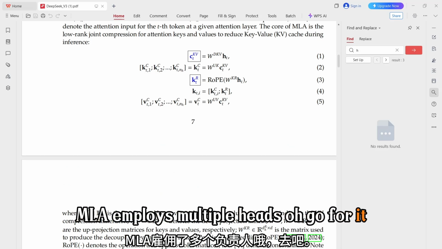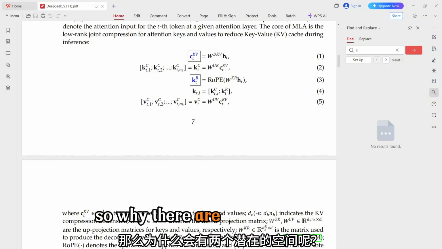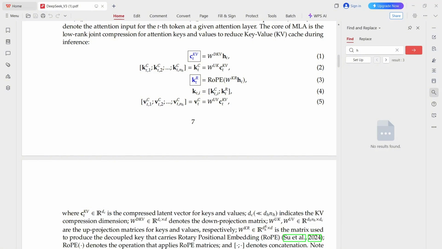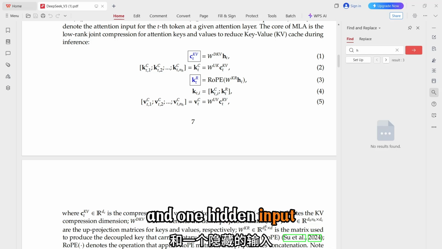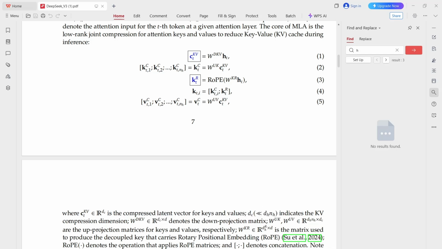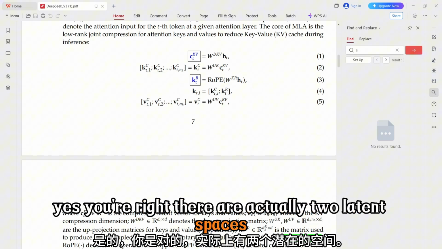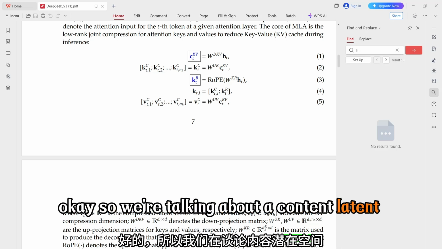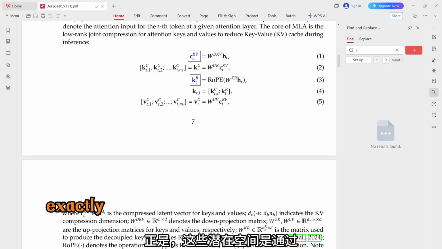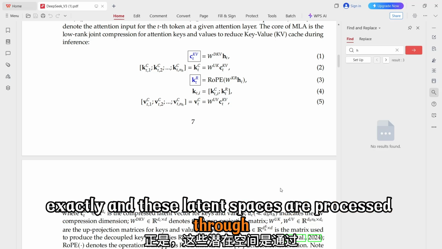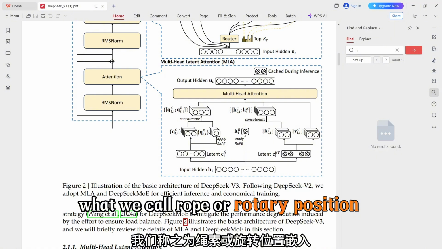So why are there two latent spaces and one hidden input? That's a great observation. You're right, there are actually two latent spaces. So we're talking about a content latent space and a key value latent space. Exactly. And these latent spaces are processed through what we call RoPE, or Rotary Position Embeddings.